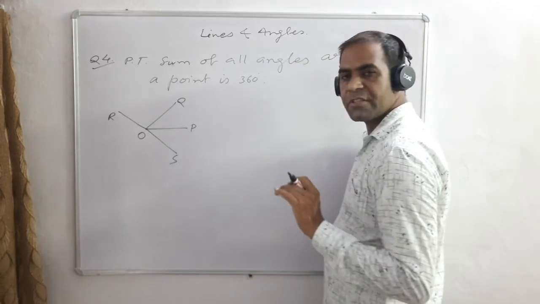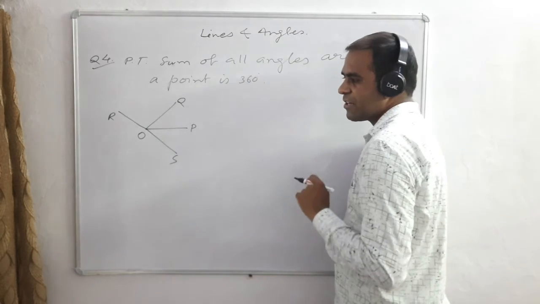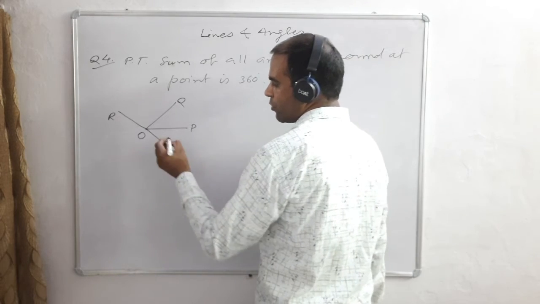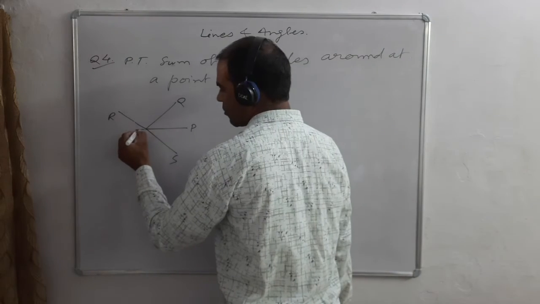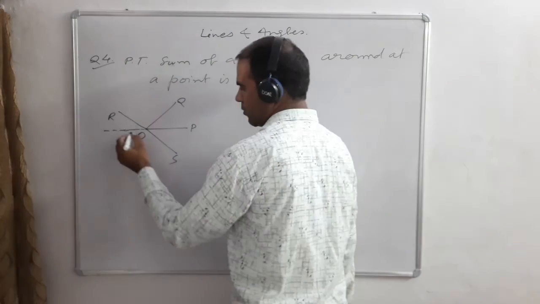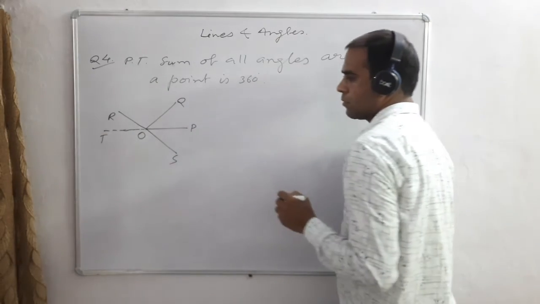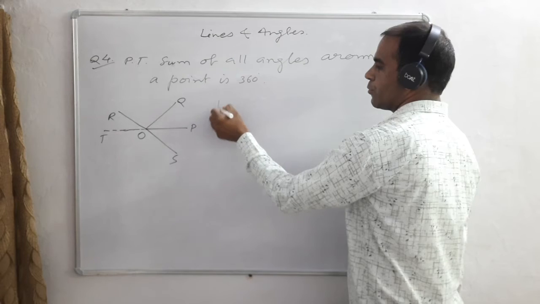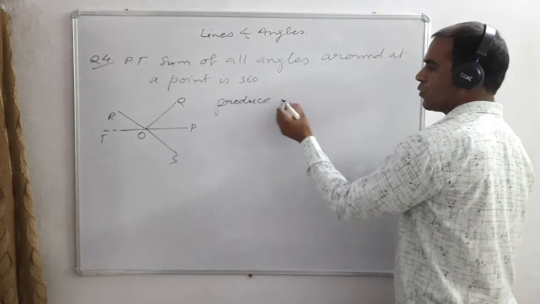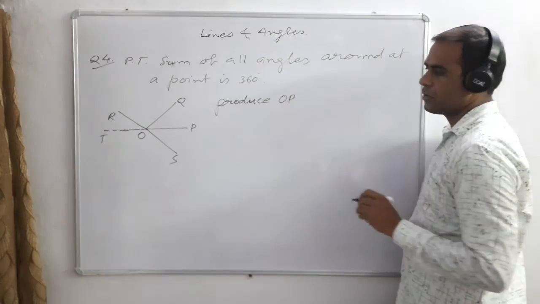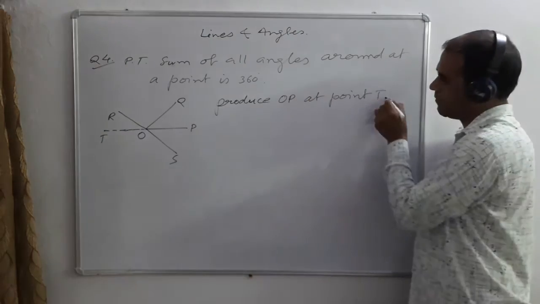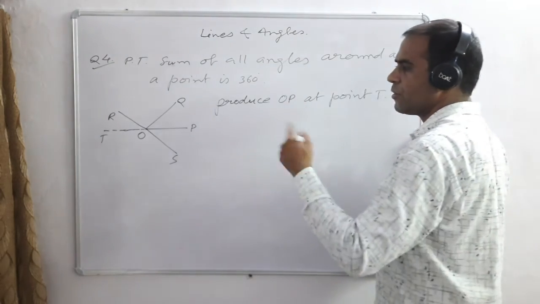So here we should construct an opposite ray of any one of the rays. Produce it opposite to any one ray. If we want to produce OP, then produce OP. So produce OP to point T on the opposite side.